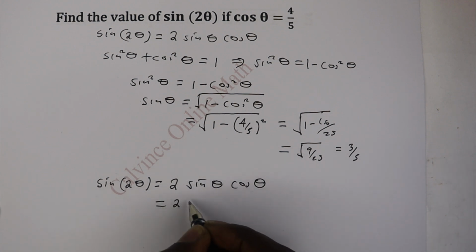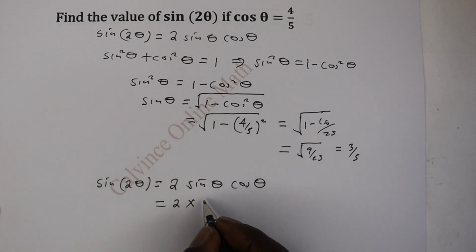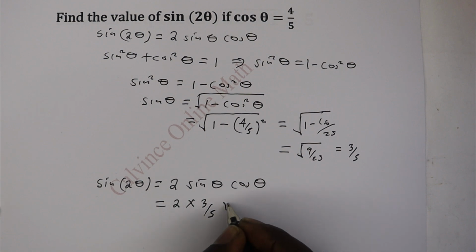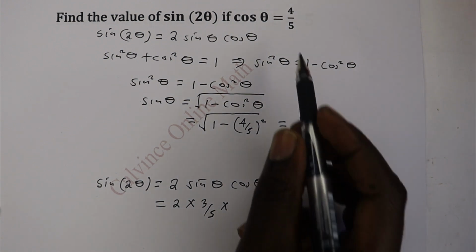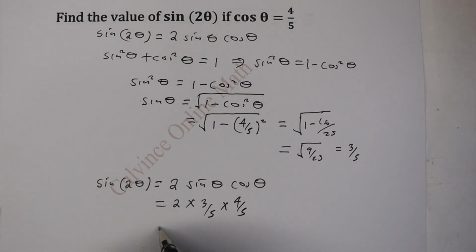So it means we have 2 times sine of theta, and sine of theta we found to be 3 over 5. And then cos of theta we were given to be 4 over 5. So that will be 2 times 3, that is 6, times 4, that is 24, over 5 times 5, which is 25.